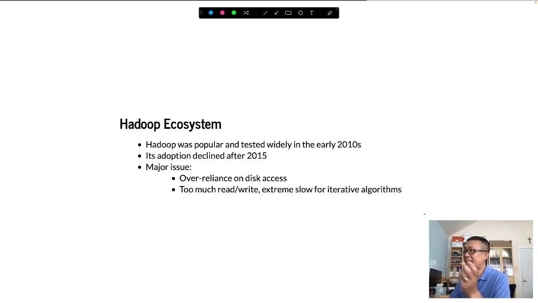Now I have to say that the Hadoop ecosystem was popular and tested widely. Lots of companies and researchers did experiments with the Hadoop framework, especially in the early 2010s, but after around 2015, its adoption declined because of some of the major issues, such as over-reliance on disk access, too much read-write to the disk, leading to extremely slow performance on certain algorithms.